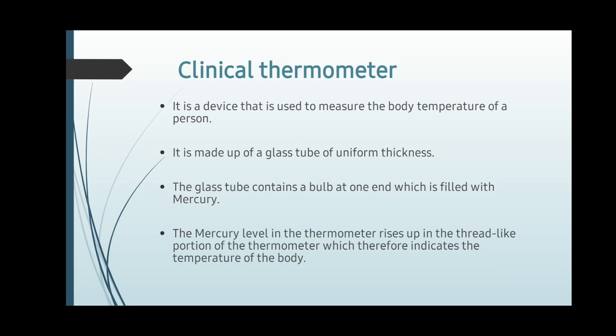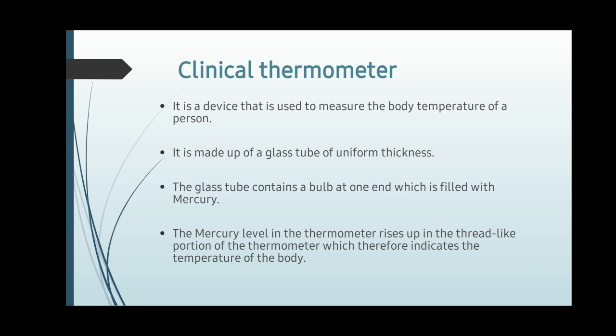It is made up of a glass tube of uniform thickness. The glass tube contains a bulb at one end which is filled with mercury. The mercury level in the thermometer rises up in the thread-like portion of the thermometer, which therefore indicates the temperature of the body. You have to know some important points here.